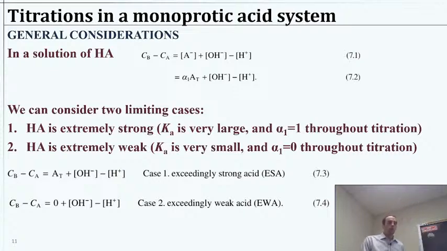Okay, a few general considerations, a couple of case scenarios. When we write this as Cb minus Ca, the net strong base, this would be the format: the amount of A minus, plus OH minus, minus H plus. It's the generic form for HA. And we can consider two limiting cases for an HA system.